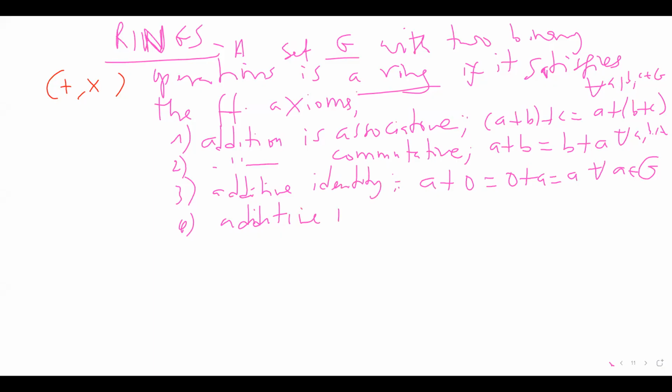Then we have the additive inverse. Okay. So the additive inverse is A plus minus A is equal to minus A plus A, and this is 0. Then we have multiplication associative, okay?